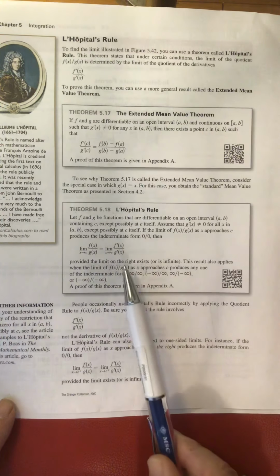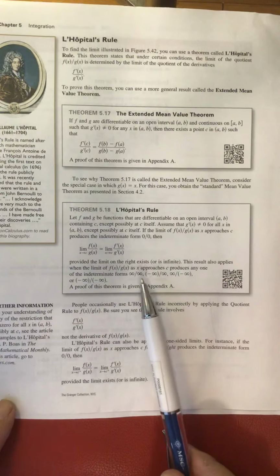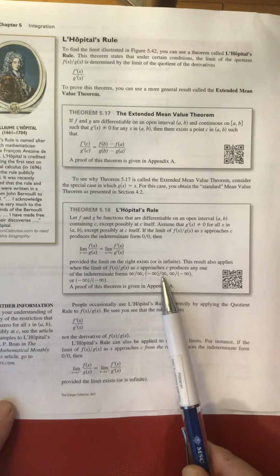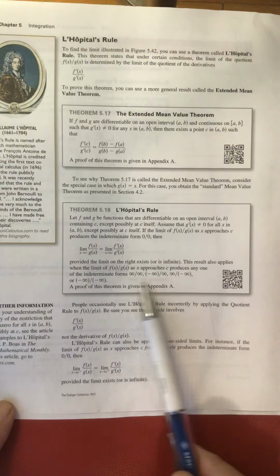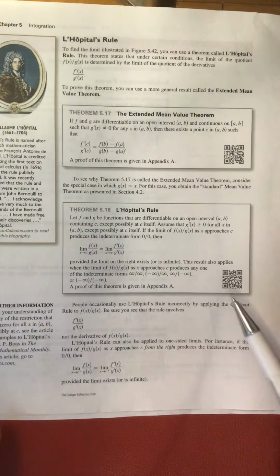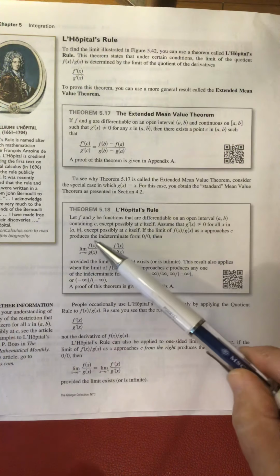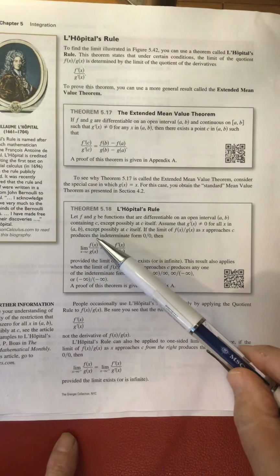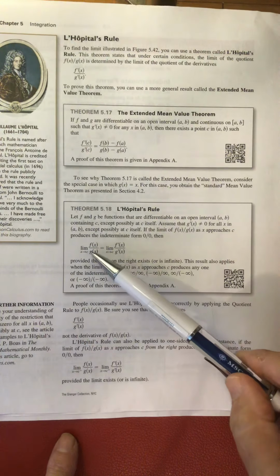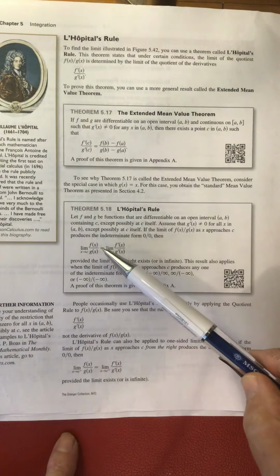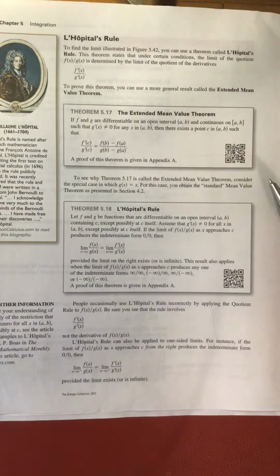So when you get an indeterminate form, 0 over 0, infinity over infinity, minus infinity over infinity, or several others that we're going to talk about in the next couple of problems, then we can use L'Hopital's rule. If we can write it as a fraction, numerator and denominator, then take the derivative of the numerator, take the derivative of the denominator, and see if you can evaluate the limit.